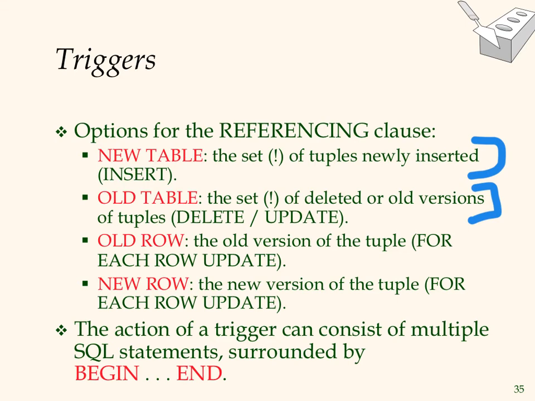And old row, new row are the same concept, but for row-based triggers, where you're actually triggering the statement for each row. This is actually a cool thing about triggers: by making what are in essence temporary tables that contain just the modifications, you can very easily work with the modifications within SQL. That's basically what the example we just saw does.